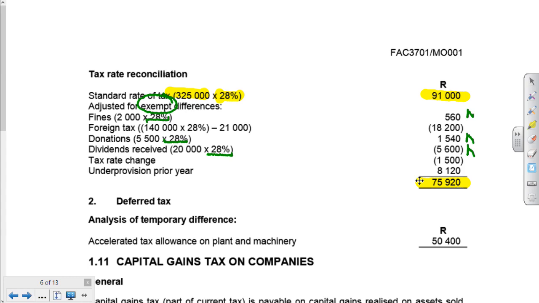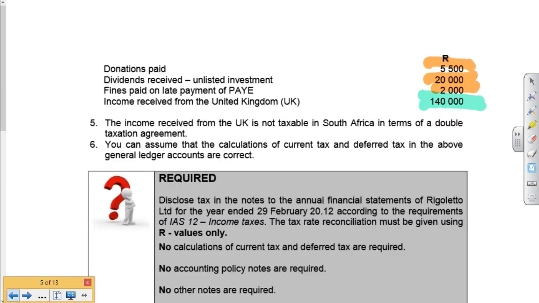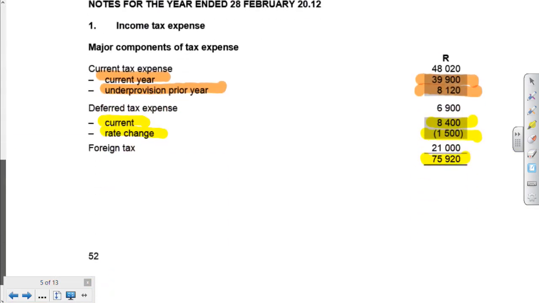Then we have the easy ones. Let's do the easy ones first. We have the rate change and we have the under provision. The rate change and under provision come into this calc exactly as they are here.